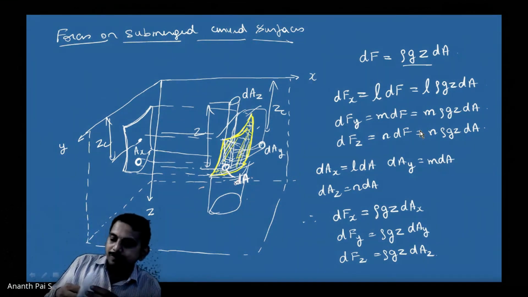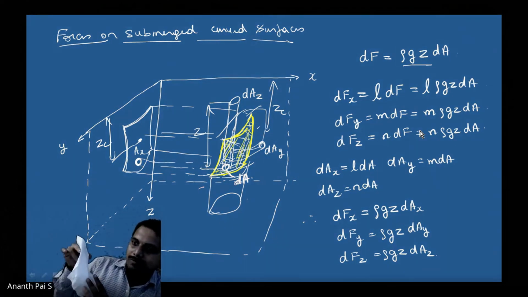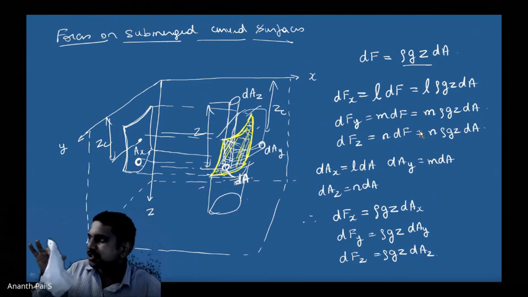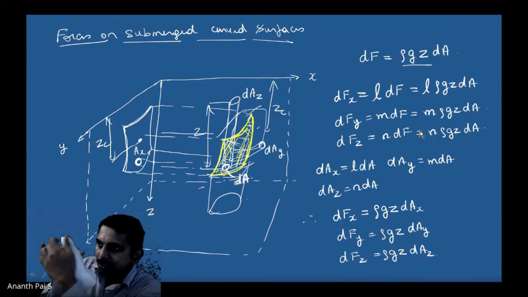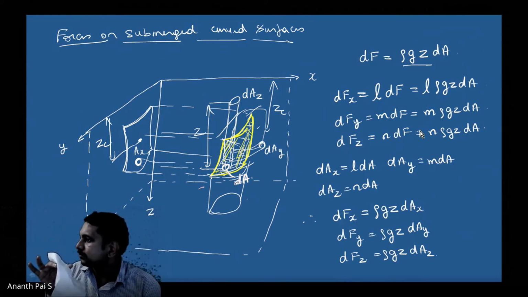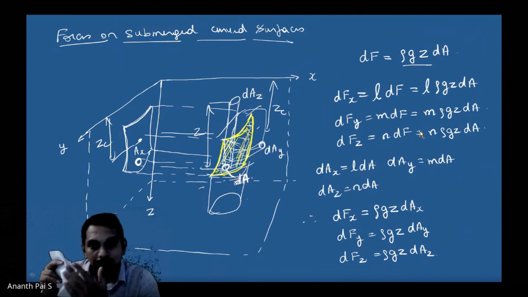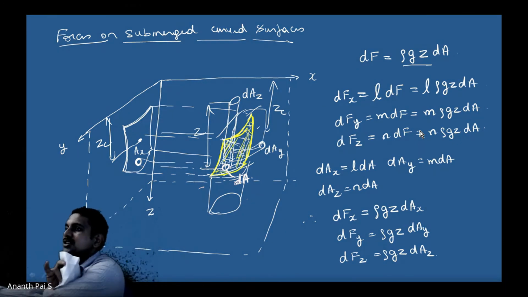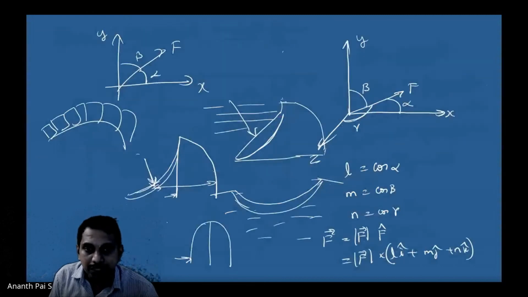Observe. This projection is different, and this projection is different. So here the center of pressure can be down, and here it can be the other way. Very important: center of pressure can be anywhere. On this surface, the center of pressure is different. That is why you have two centers of pressure here.